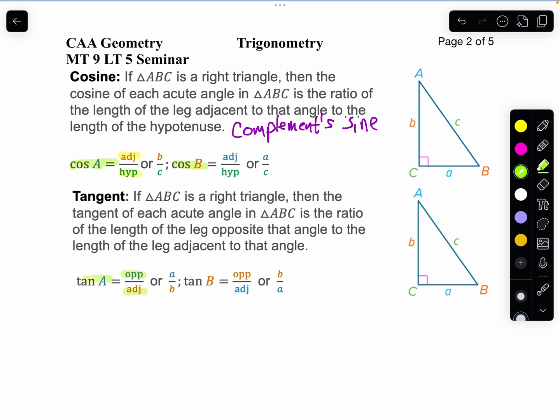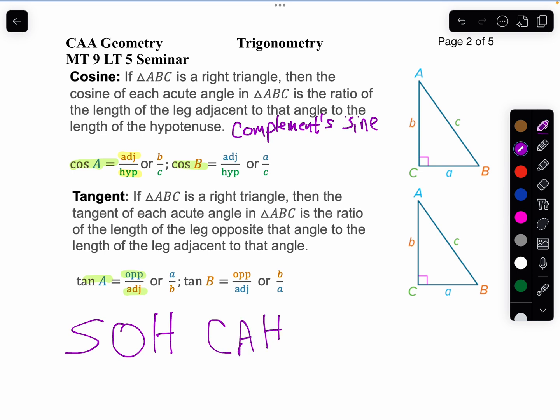Now, you need to memorize these, like I said, and no, you may not use a formula sheet on your test for this unit. You have got to know the rules. So how do you get these memorized? Well, if we just think of the first letters of each, the sine of an angle is the opposite over the hypotenuse. The cosine of an angle is the adjacent over the hypotenuse.